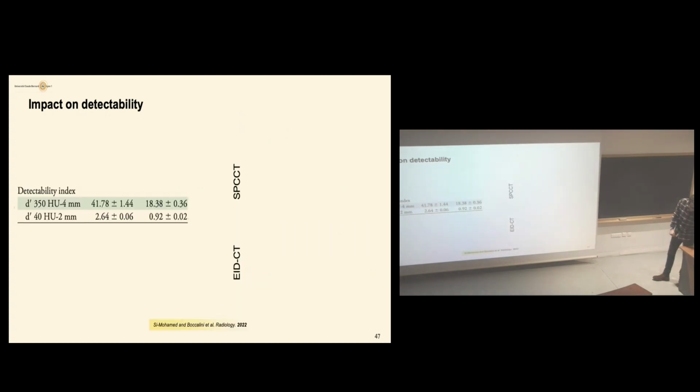And it is interesting because it is highly dependent on the TTF and the NPS, and it is the figure of merit to assess the performance of a CT and, for example, the spectral photon-counting CT. So you see that we have the detectability index for high contrast, which is 350 HU contrast tissue, and you also have it for low contrast, which is 40 HU at 2 millimeters.